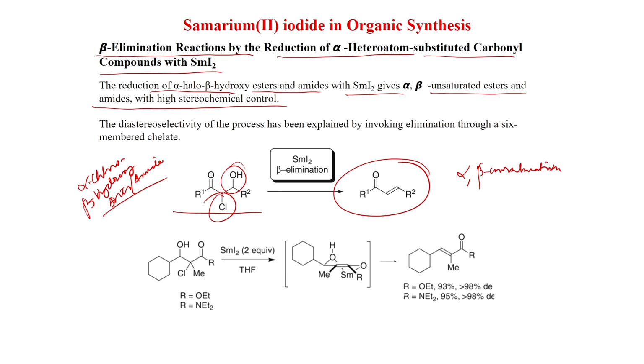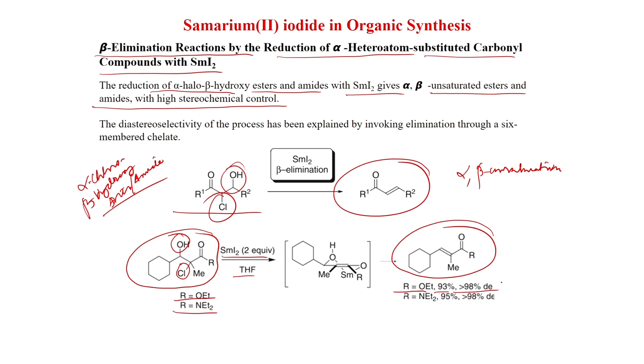For example, here you can see R is equal to OEt, then it is an ester, R is equal to NEt2, then it is an amide, an alpha chloro beta hydroxy is present, and with samarium iodide 2 equivalent THF condition, you get this alpha beta unsaturated ester or amide, and when R is equal to OEt, then you get 93% yield of this product and 98% diastereomeric excess.